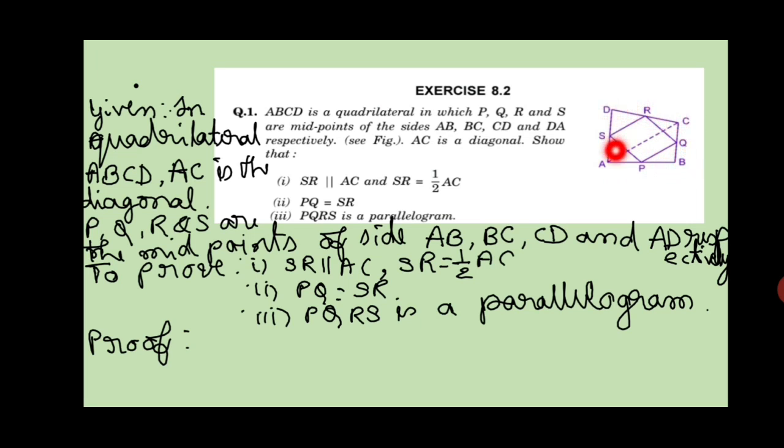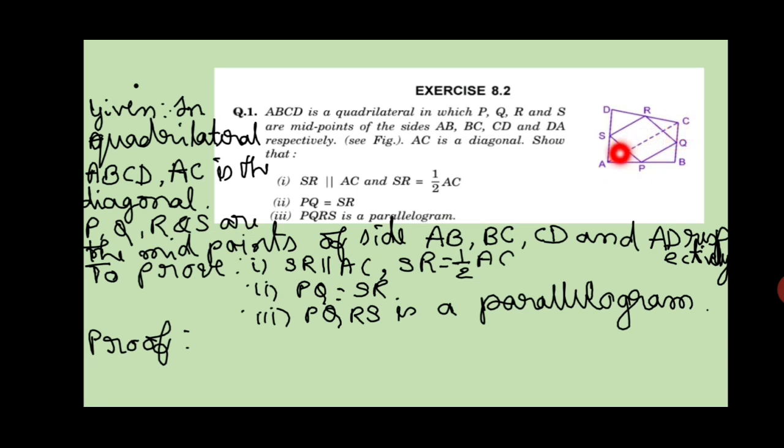Now look into the figure. In quadrilateral ABCD, AC is the diagonal. Now let us see in triangle ABC. P and Q are the midpoints of AB and BC. It's given.